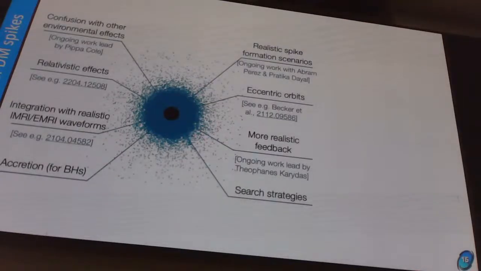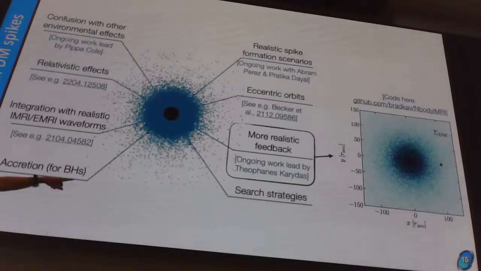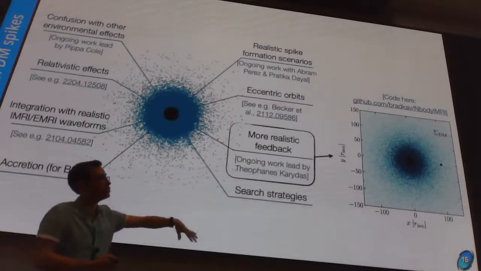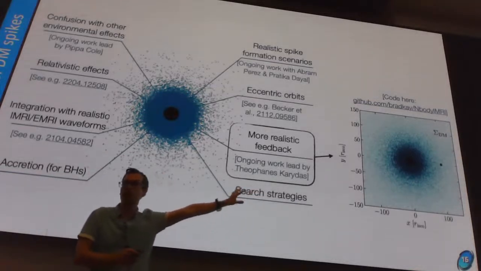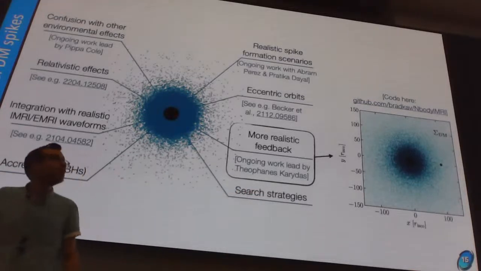So, like I said, we're not quite at the stage where we can do these searches, but we're getting there, partly because we have to wait for the right detectors to be built, partly because there's lots of modeling still to do. I won't go through all of this, but I'm very interested in trying to model these systems more carefully to see how they behave.